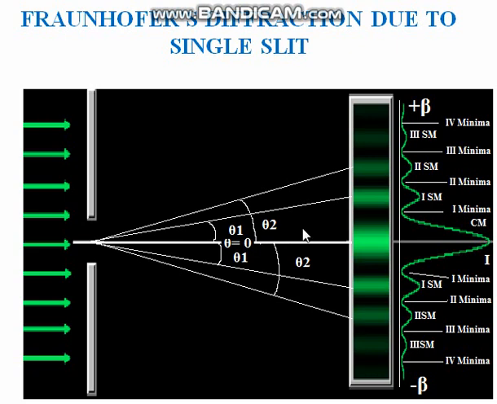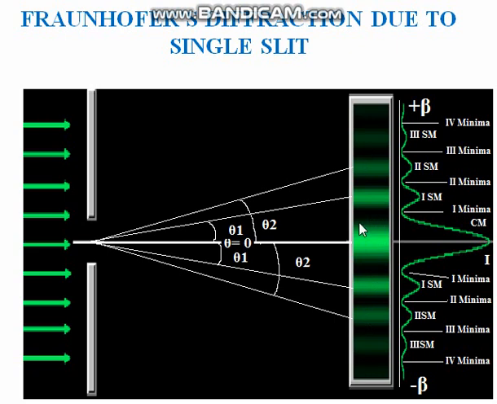Suppose this is the first secondary maxima, obtained at theta 1. Similarly, the second secondary maximum is obtained at the angle theta 2, and the similar nature of the bands is also on the lower side of the central band. So this is the same pattern as the upper pattern.